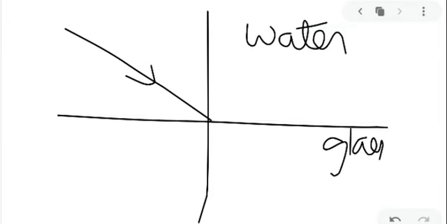So when light moves from water to glass, what happens? The light moves away from the normal.